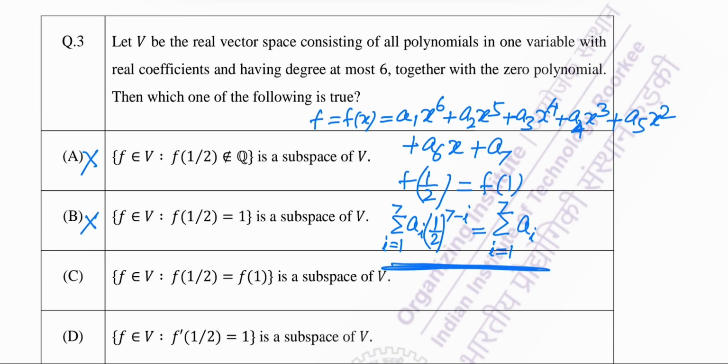So this is the relation. Okay, and since 0 is a member of any vector space, this must also be a member of the subspace. If you equate this to 0, then a_i will be 0 for all i equals 1, 2 and so on.